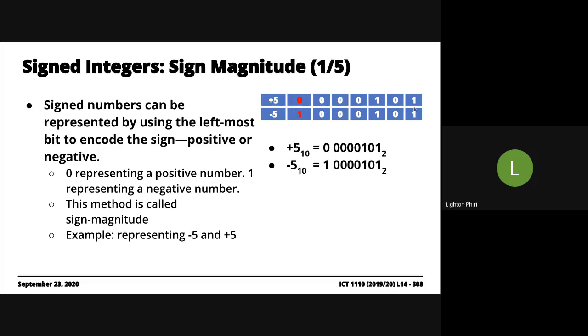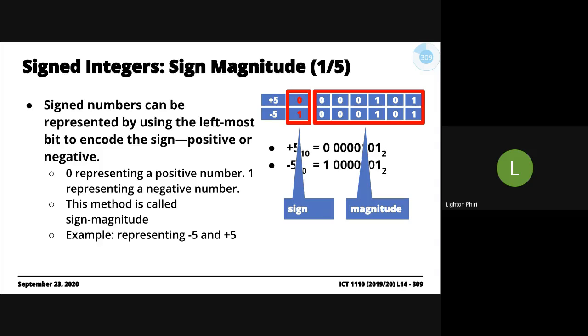The remaining part is what you convert into the magnitude or the value of whatever it is you're storing. So that would be your sign, and the remaining bits on the right would be the magnitude.